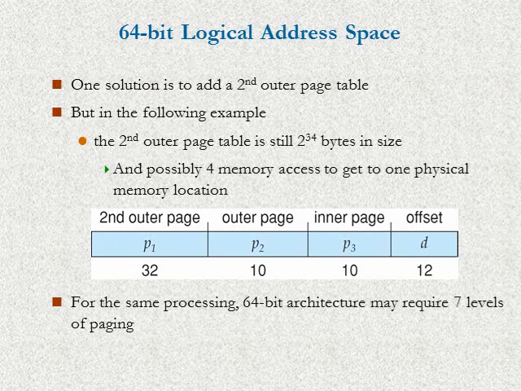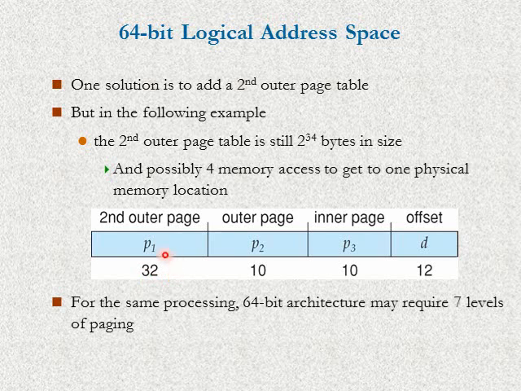One possible solution to address this issue is to add another layer on top of our outer page table, as a second outer page table. However, in this case, our second outer page table will still get 32 bits and a total of 2 raised to the power 32 entries, which means around 4 million entries.